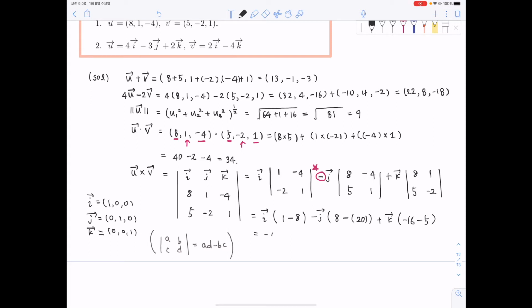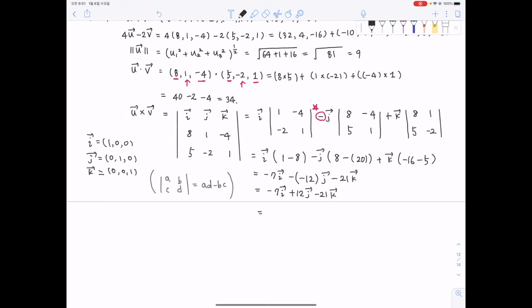So we get minus 7i, minus negative 28j, plus minus 21k. Okay, so it is minus 7i plus 28j minus 21k.